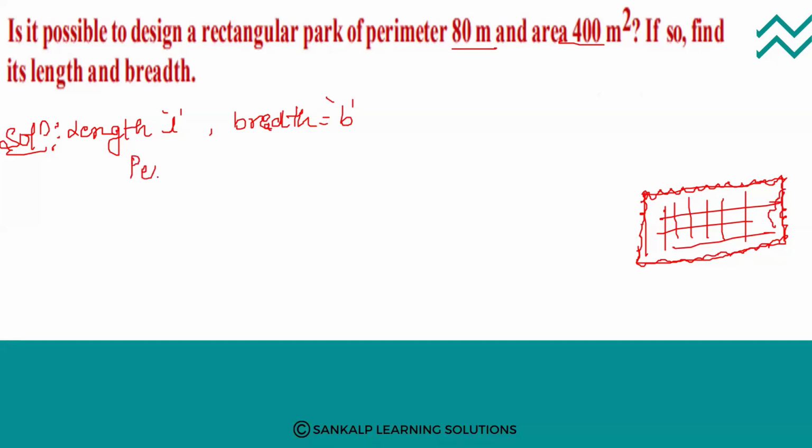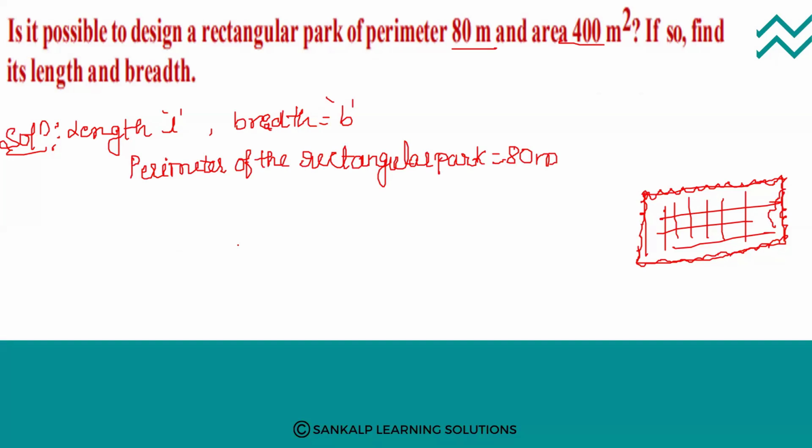The perimeter of the rectangular park is 80. Right. So now tell me the formula to find out the perimeter of the rectangle.